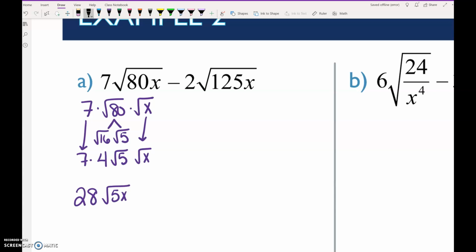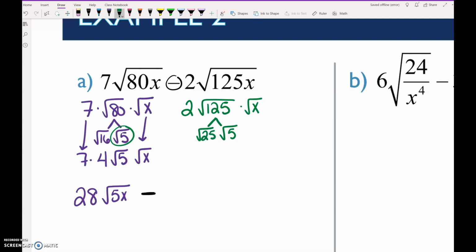Let's do the exact same thing. I'm also going to stick the minus in right now so I don't forget about that minus. We have 2 times the square root of 125 times the square root of x. We need to split up the square root of 125. We can look back at the previous problem and know that it's probably something times 5.